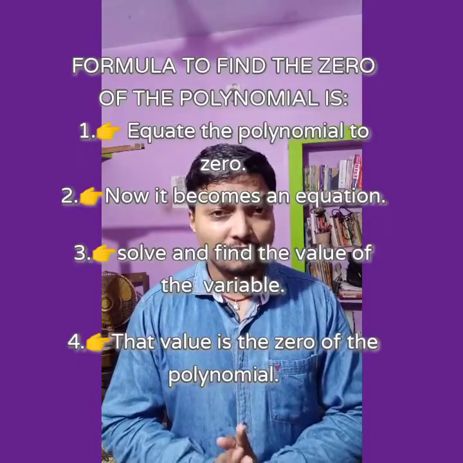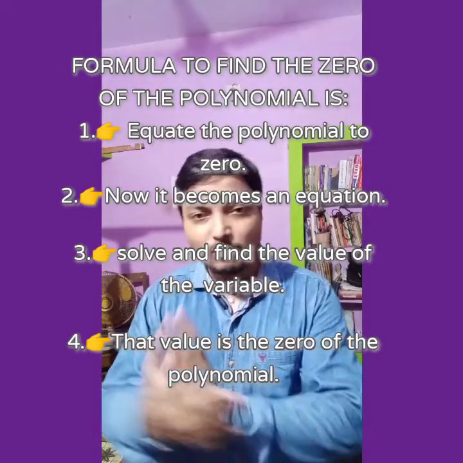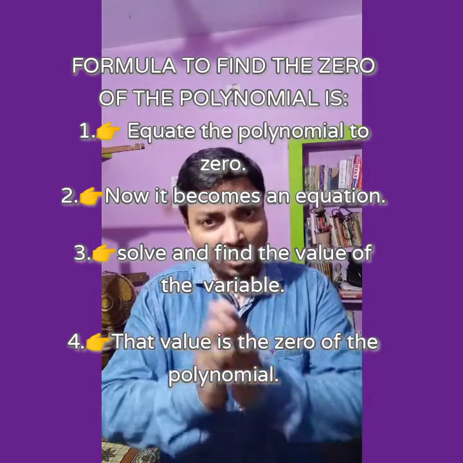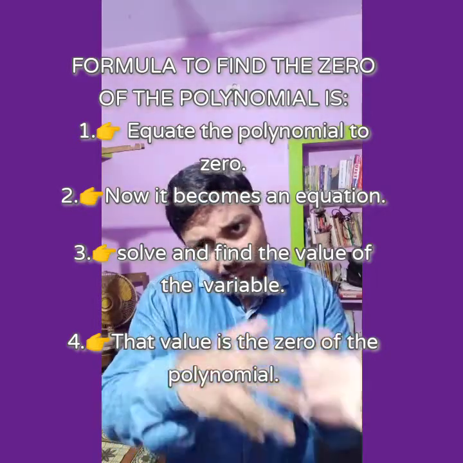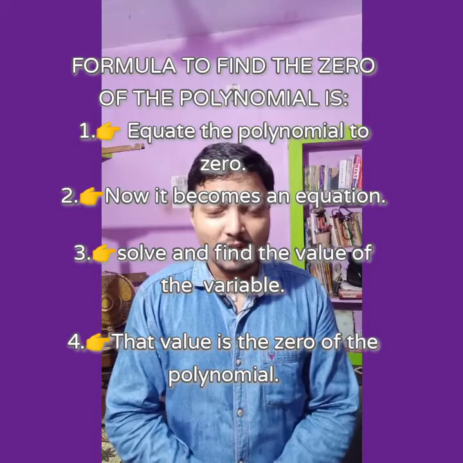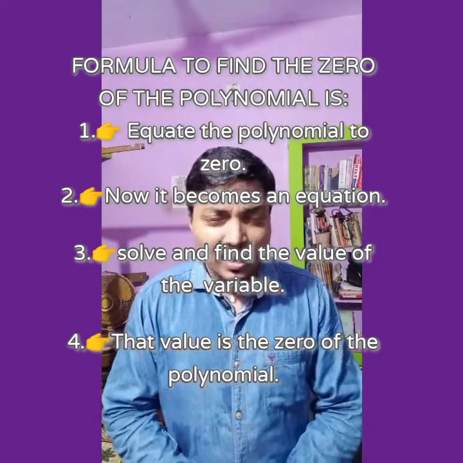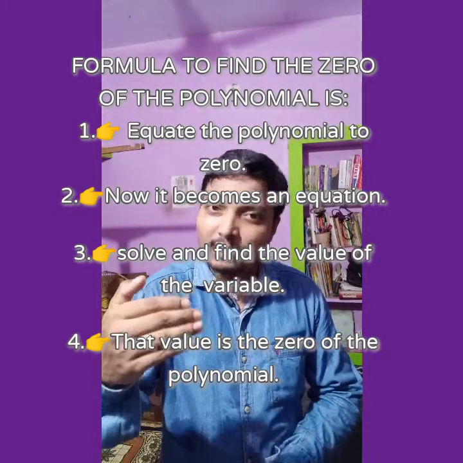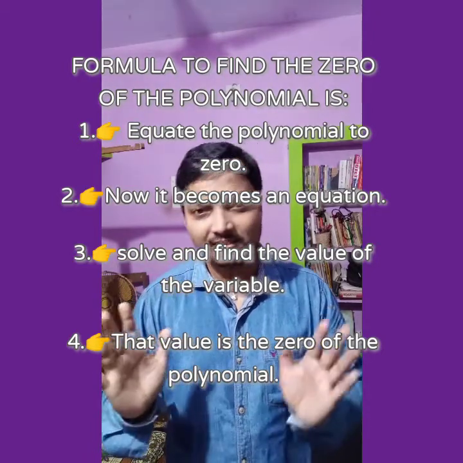So the easier way to find the 0 of the polynomial directly is to equate the polynomial to 0. On equating the polynomial to 0, it becomes an equation, and you just have to solve the equation. Whatever value of the variable you get, that value is the 0 of your polynomial. Clear?